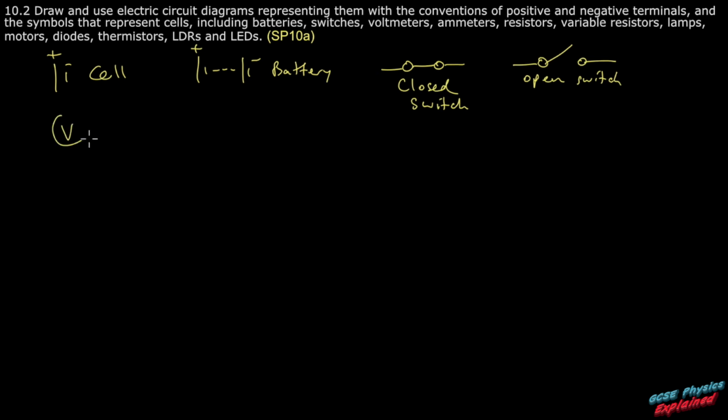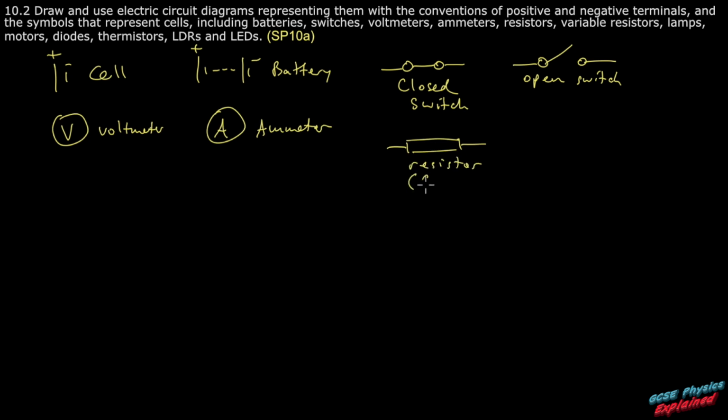The voltmeter. Ammeter. The resistor is just a rectangle, otherwise known as a fixed resistor, because its resistance can't change. Right, a variable resistor has an arrow going through that looks like an upside down V. V for variable.